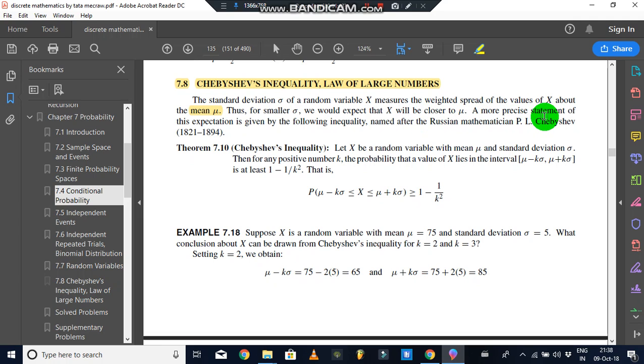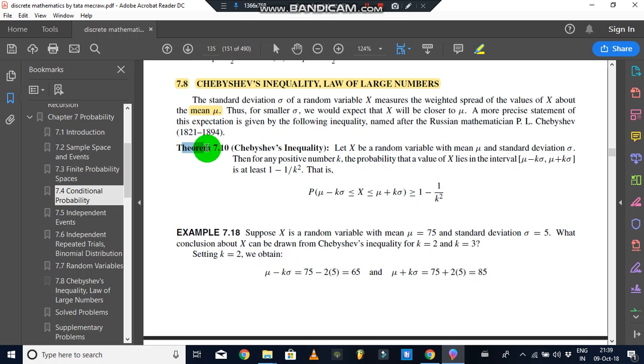A more precise statement of this expectation is given by the following inequality, named after the Russian mathematician P. L. Chebyshev. This is named after the surname of the Russian mathematician. So this is just an introduction.